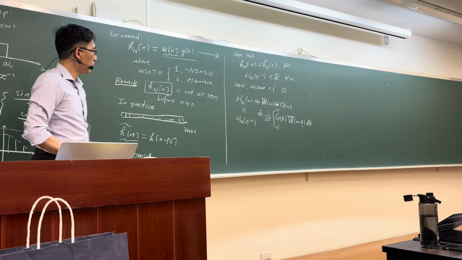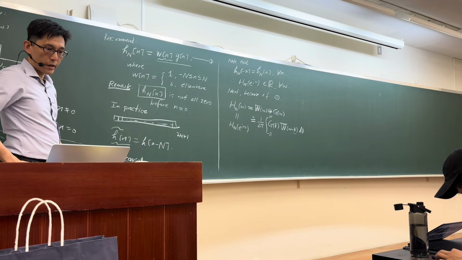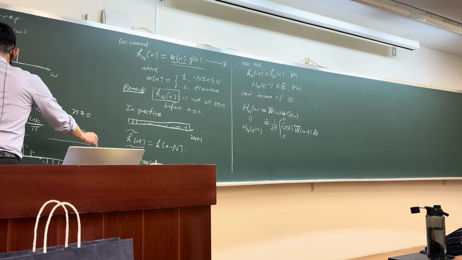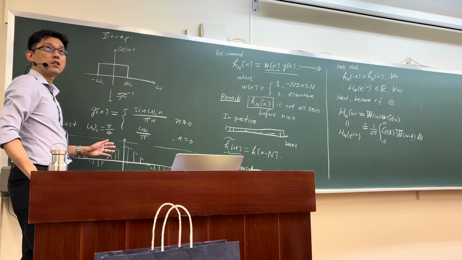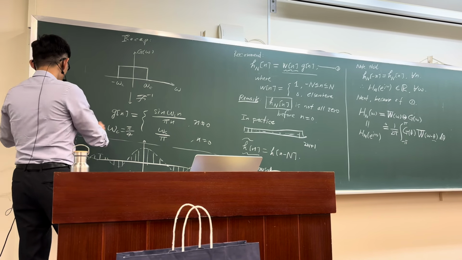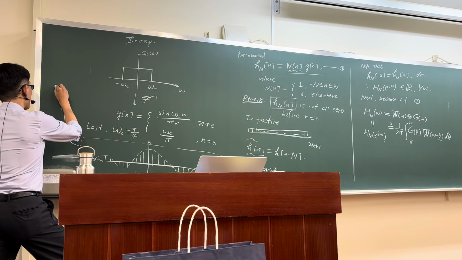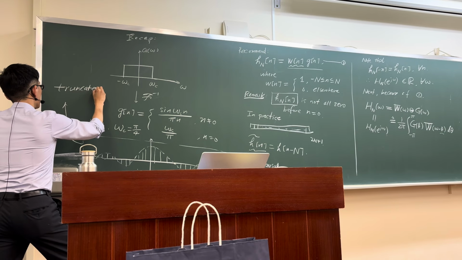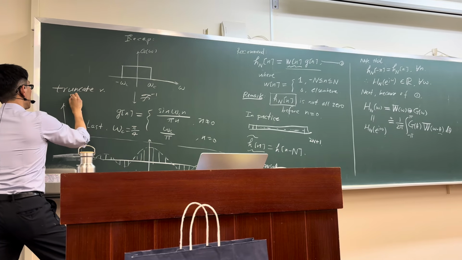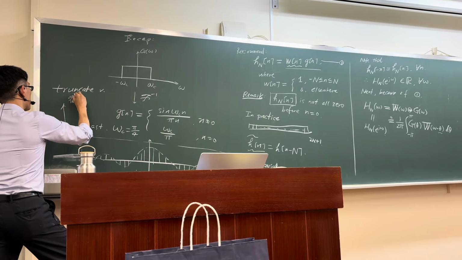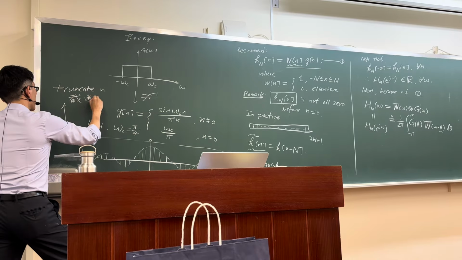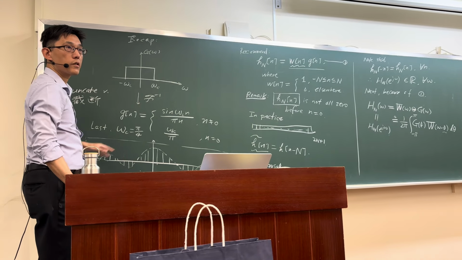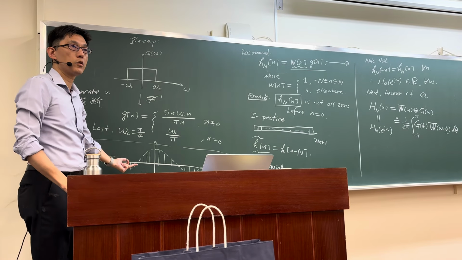So next, we are going to look at the frequency response. Now we know that after truncation, this is an action of truncation. If you just set everything else to 0, that's to truncate, to keep this middle part.